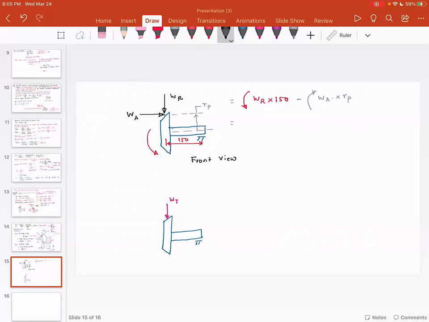So when we solve this, this is going to be 1976 multiplied by 150 minus 660 multiplied by 83.3. And the answer is going to be 241 Newton meter.